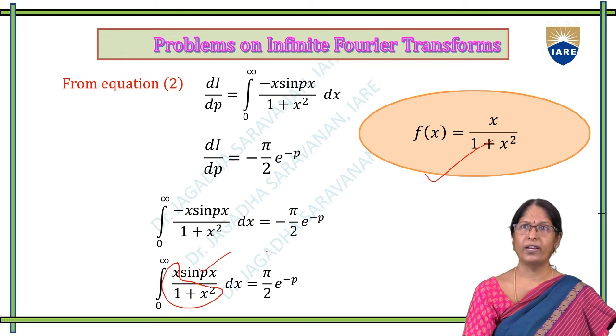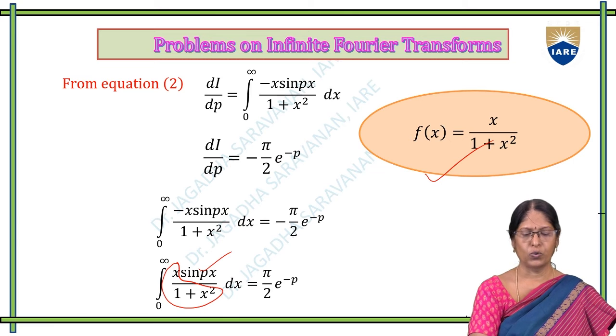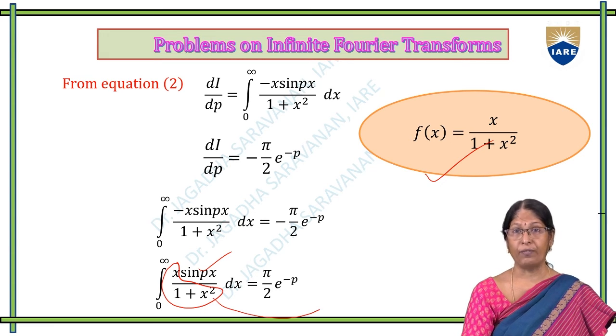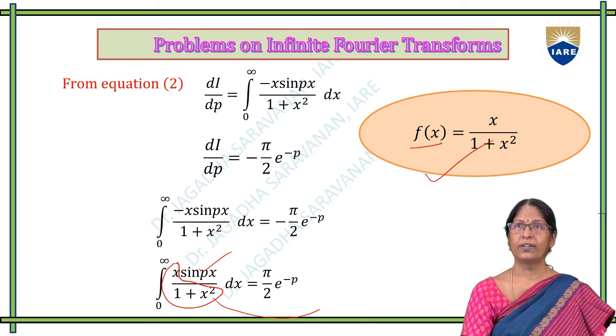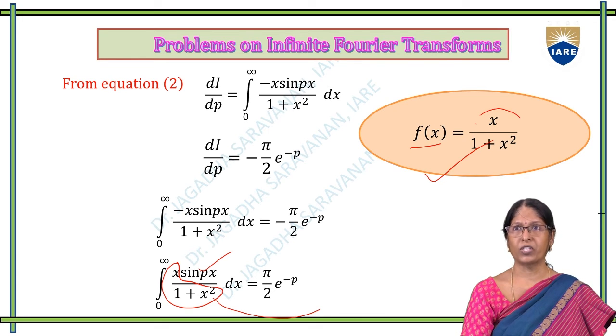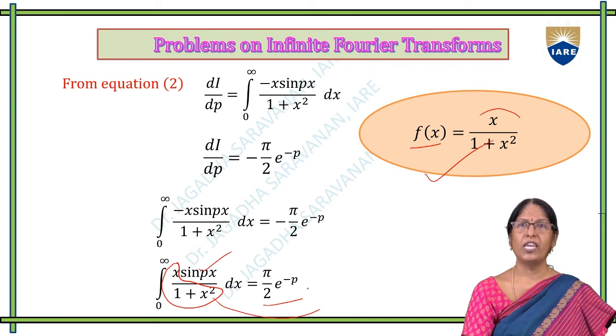This is sin px, integral 0 to infinity dx. So the entire thing fits the capital F, the Fourier sine transform of the function f of x, that is x by 1 plus x square. The value is pi by 2 e power minus p.